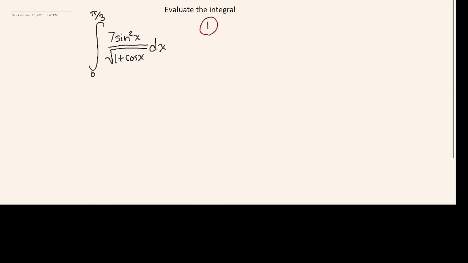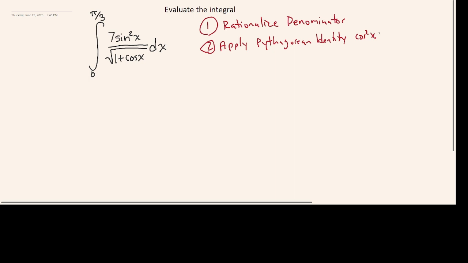So the process is going to be, first we'll rationalize the denominator. Then we're going to apply the Pythagorean identity, cosine squared x plus sine squared x equals 1.